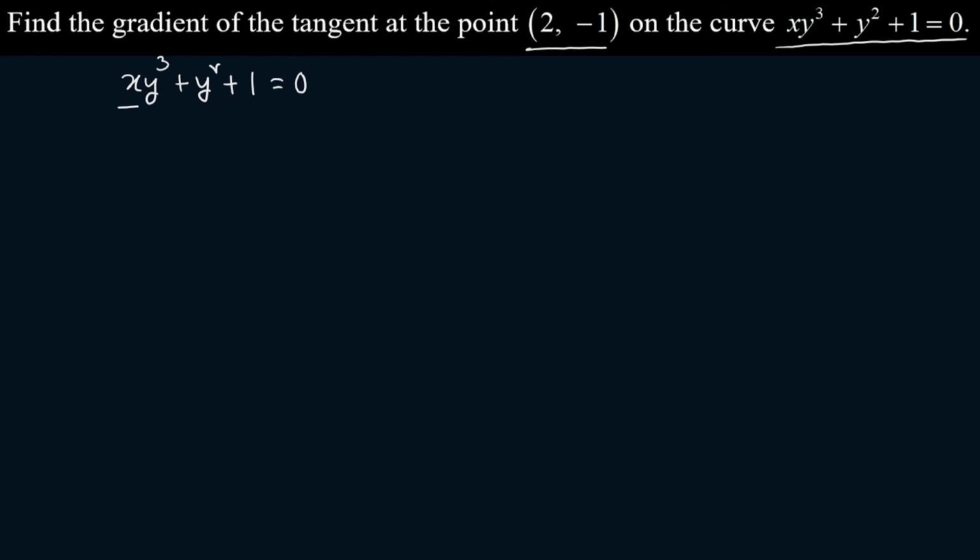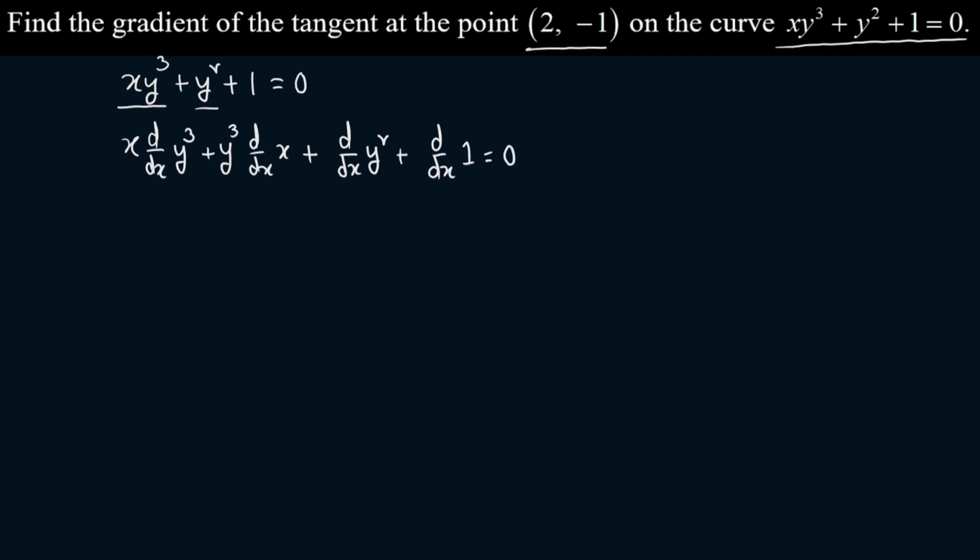For the first part we need to apply the product rule: x times d/dx of y cubed, plus y cubed times d/dx of x, plus d/dx of y squared, since y squared is a single term, plus d/dx of 1, equals 0. Now let me finish our working.